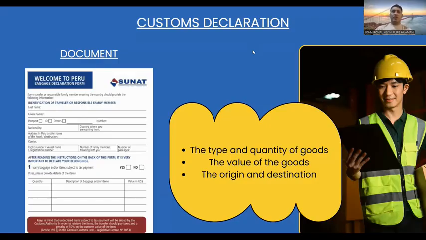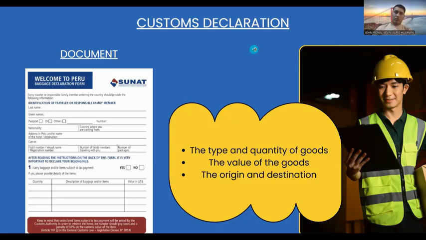It is used by customs authorities to check what is being shipped and to calculate taxes and duties. A customs declaration usually includes the type of goods, the quantity and value, the origin and destination, and the purpose of the shipment, for example, for sale or for personal use.